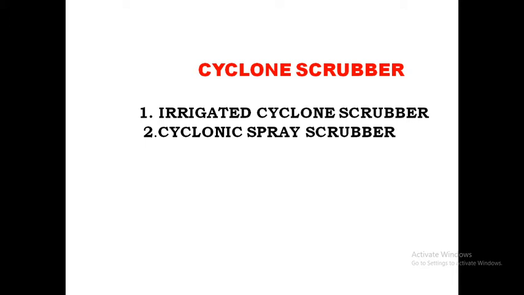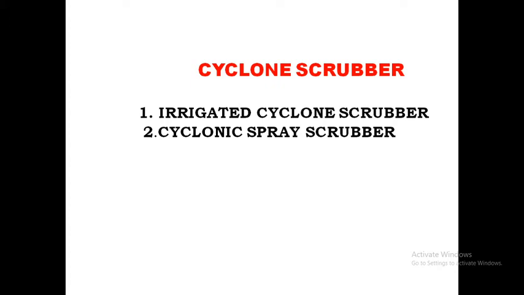As the gas swirls around the chamber, pollutants are removed when they impact on liquid droplets or are thrown to the wall and washed back down and out. This is the introduction to the cyclone scrubber.